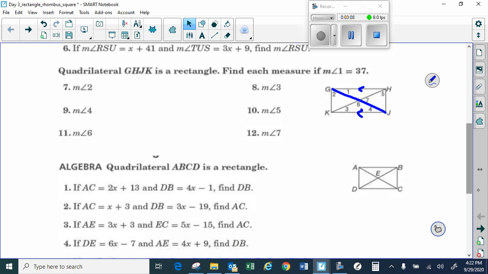What I tell you, the very first thing to think of, when I have parallel lines cut by a transversal, alternate interior angles are congruent. So if that's 37, then this down here is 37 automatically. You know the angles, the corners of all rectangles are 90 degrees. So if that's 37, then this one here has to be 53, right? And since this is also parallel to this, cut by this transversal, alternate interior angles are equal.